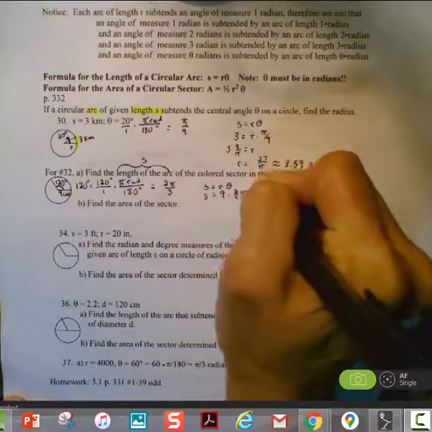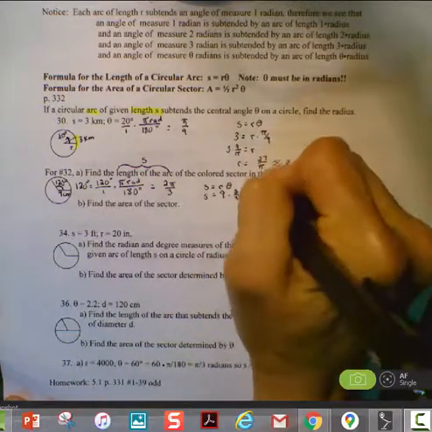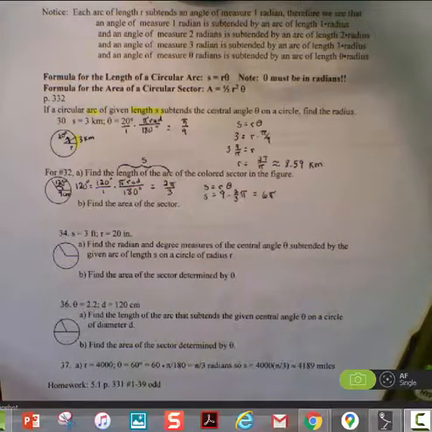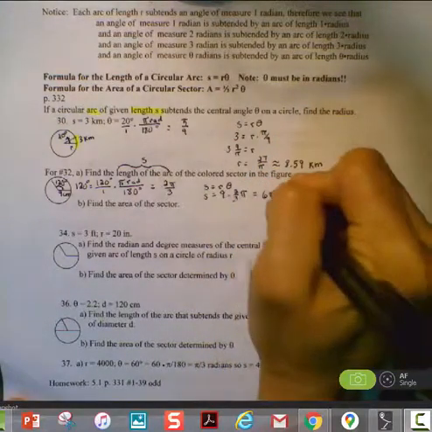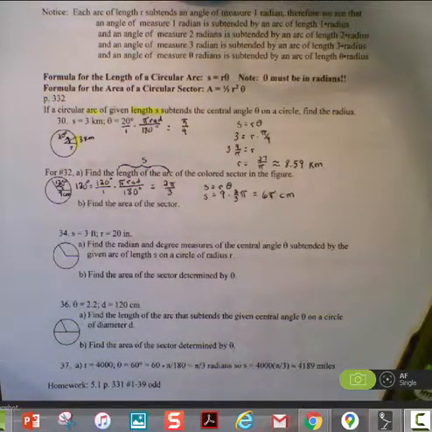So this arc length is just going to be 9 times 2/3 pi, or 6 pi, and that would be in centimeters because our radius is in centimeters. Again, I could punch that and get a decimal approximation or leave the exact answer. I'd take either one on a test unless I specified.